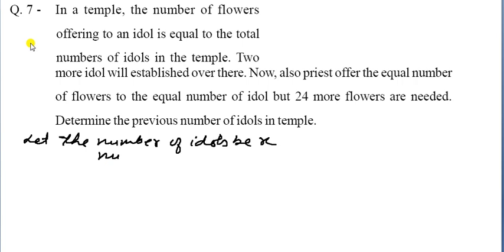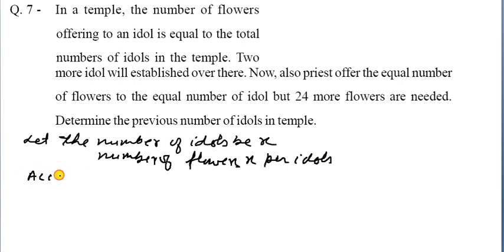Now what will happen in this? Number of flowers per idol is x. So what will happen? The total number, as you see, according to the question.